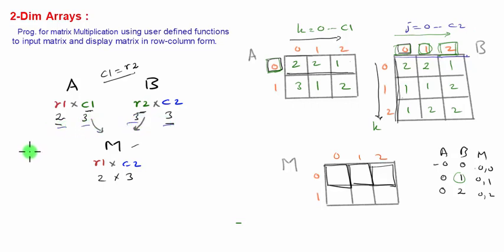So it should be 0 to less than C2. If you look at this carefully, here j remains 0 constant, k is changing 0, 1, 2. Again j remains constant at 1, k changes 0, 1, 2. So it will be a nested for loop. J will be the outer for loop where j remains 0, and in the inner for loop k changes 0, 1, 2. Again in the outer for loop j goes to 1, and in the inner for loop k goes 0, 1, 2.